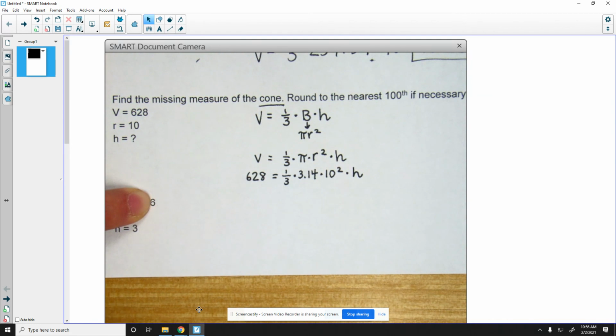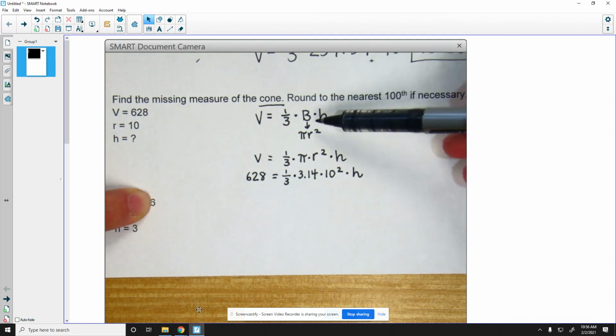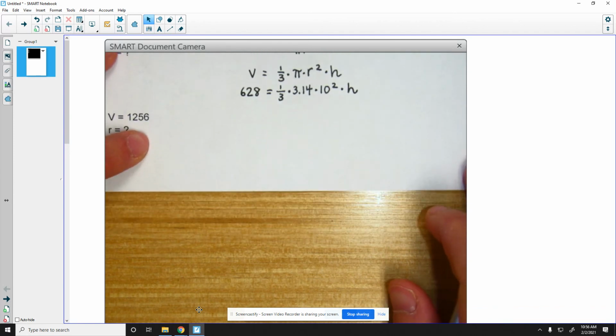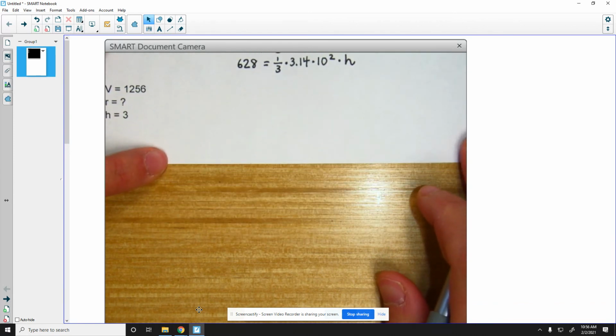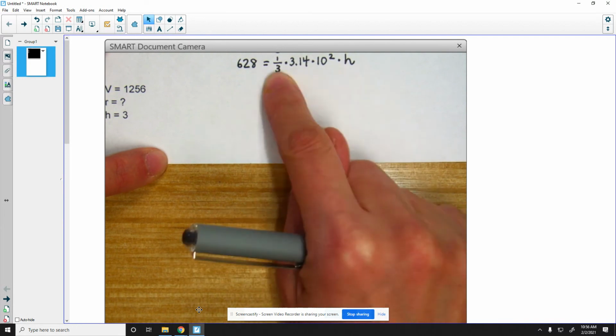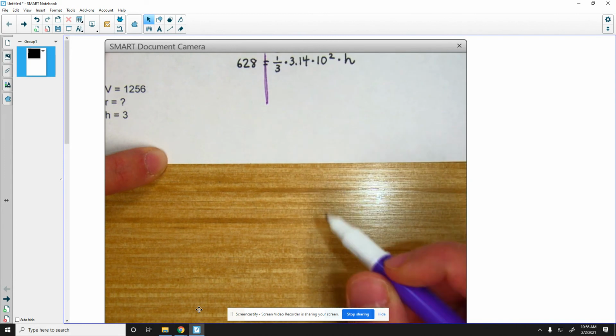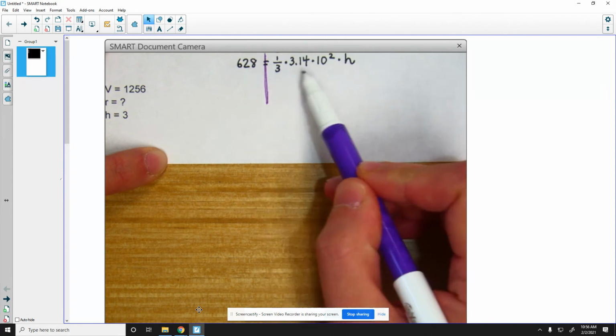All I'm doing is I took the volume formula, replaced capital B with pi r squared because that's what B always is for a cone, and then plugged in all the numbers that I know. Now I'm going to cover the stuff on top because sometimes it gets confusing. This is really what I'm working with. It's kind of like I have an equation, with stuff on the left and stuff on the right.